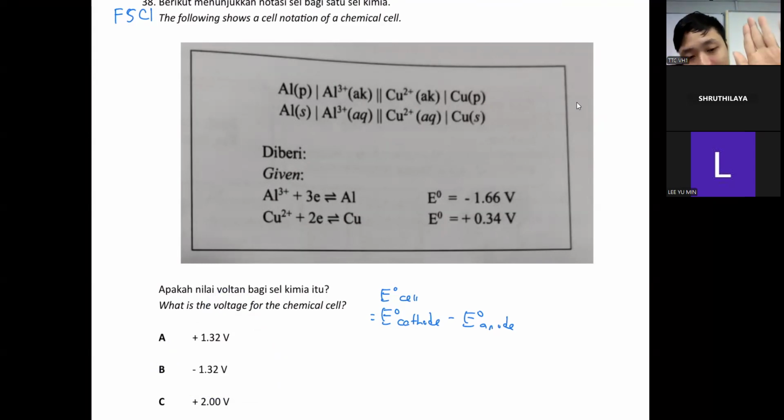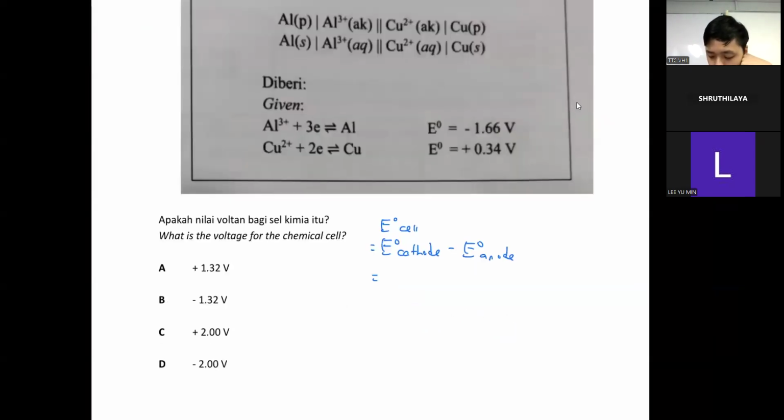No negative answer, final answer no negative. It means you use positive 0.34 minus negative 1.66. So you get positive 2.00 volt.